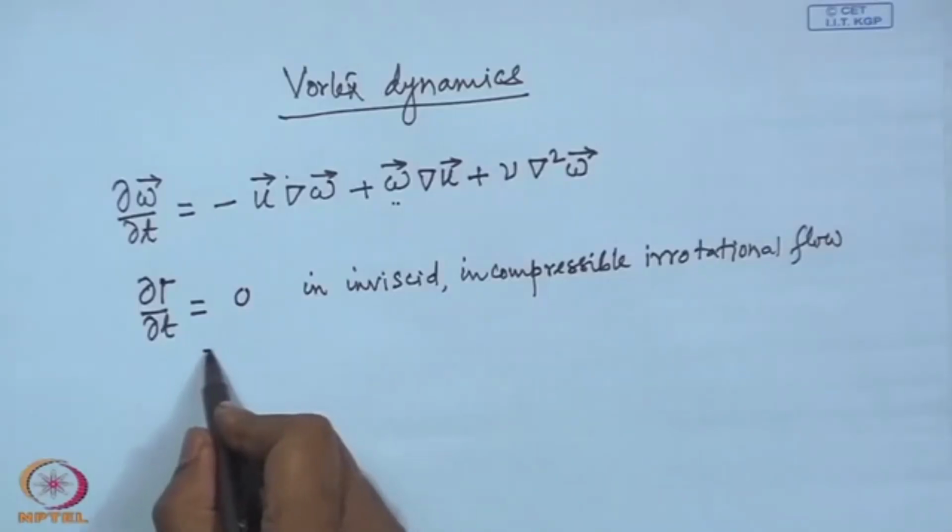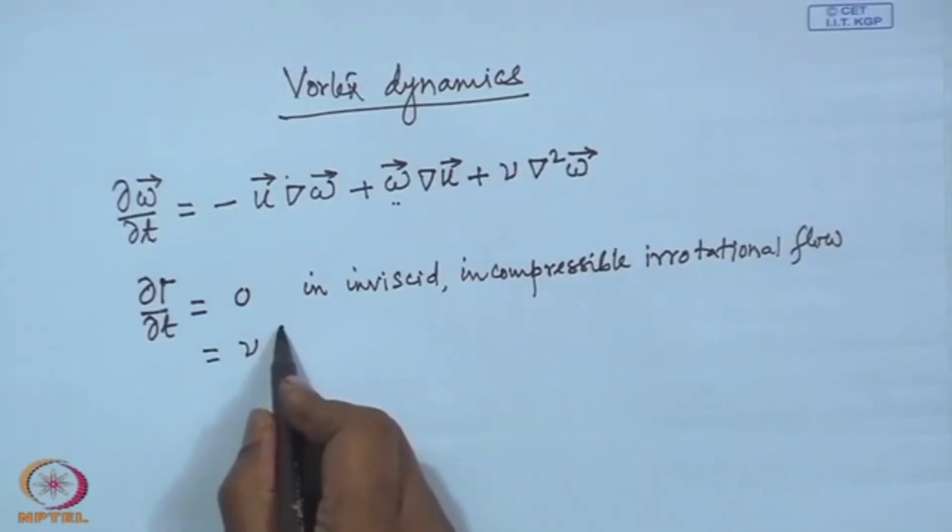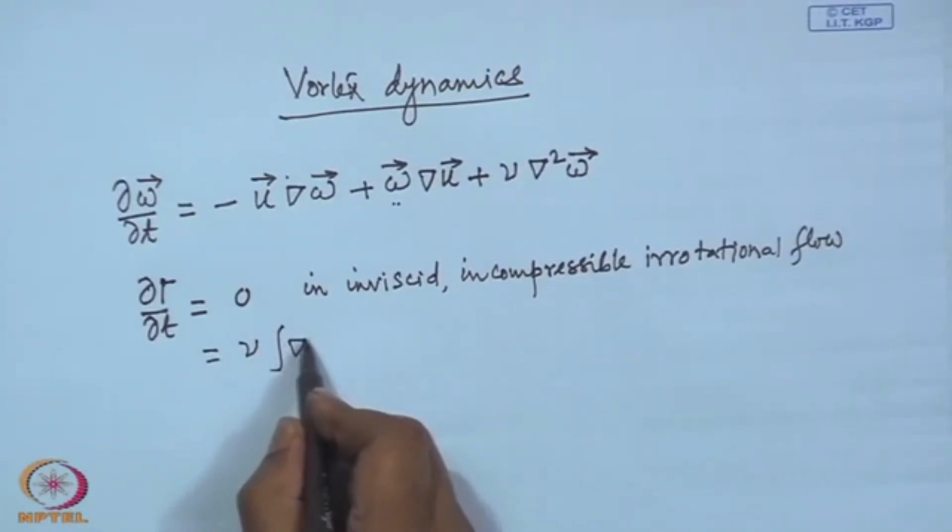You can derive the same equation, but replacing du/dt not by Euler's equation, but by the complete Navier-Stokes equation, retaining the viscous term, and then this will give a term something like this.